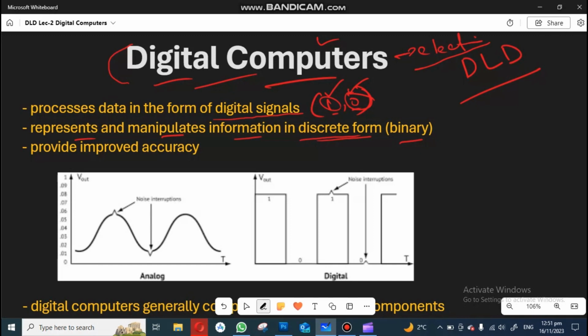Now this would be clear from this diagram. As I told you, we have some analog computers and then we have some digital computers. Now if you see the diagram of digital computers, you would see discrete parts in my diagram here. Now look, here is one, and then here will also be one. These are zeros, if you can see.